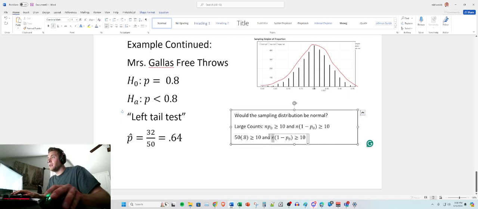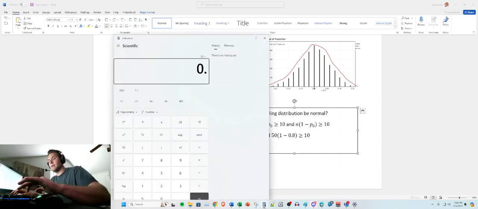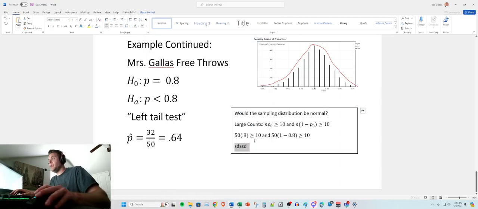And on the other end, it would be 0.2, sorry, again, and 0.8. So 50 times 0.8 is 40. So we do know that 40 is greater than or equal to 10.